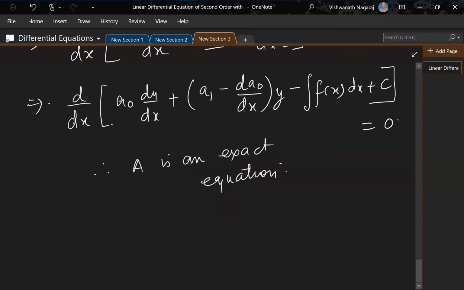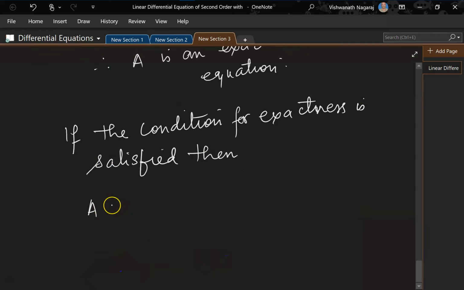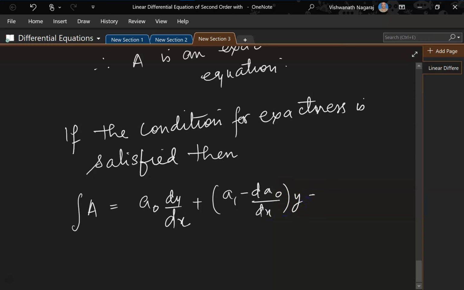So now, based on whatever we have done, what we can say is that if the condition for exactness is satisfied, then the integral of A will be a naught dy by dx plus a1 minus dA naught by dx y minus integral of f of x dx plus c is equal to 0. Right? This is not E, this is C.